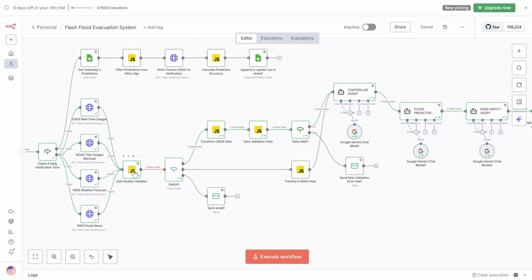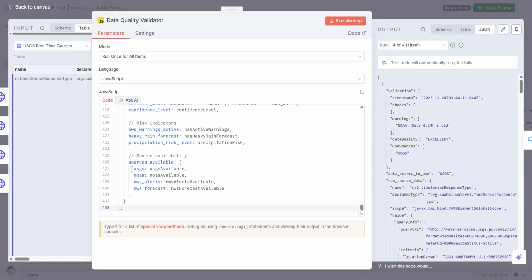Then comes my custom data validator. Before any data reaches the agents, it goes through comprehensive validation, which checks data completeness, reasonableness, freshness, and cross-source consistency.